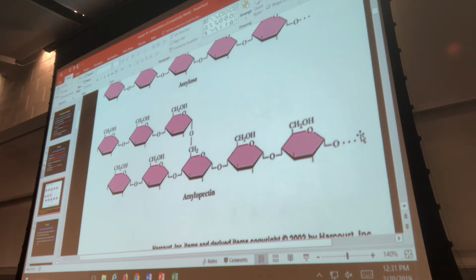When you have branched polysaccharides, it allows you to more efficiently store glucose in a compact space and more efficiently extract glucose out of a polysaccharide. Let me illustrate this here. Let's say we had amylose, which is a nice linear form.